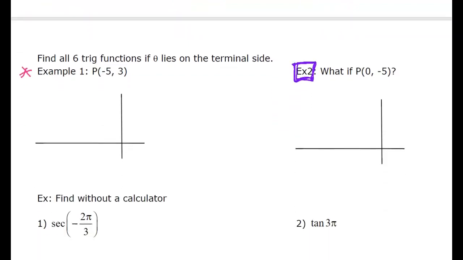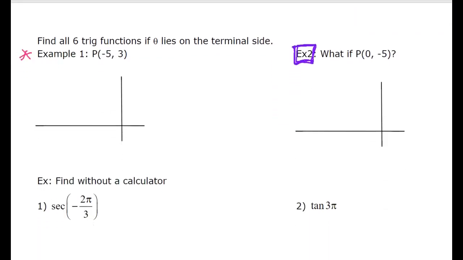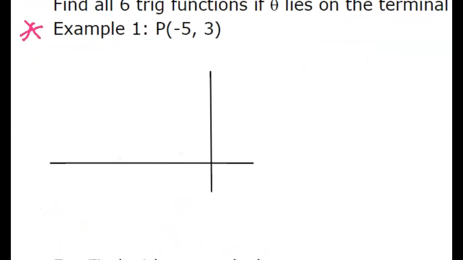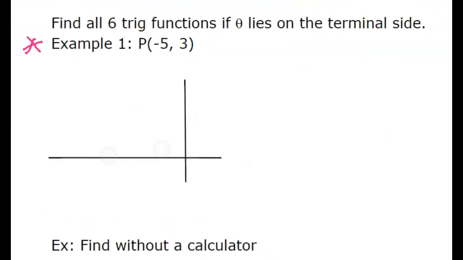But in example one, what it wants here is for us to find all six trig functions of this point if theta lies on the terminal side.